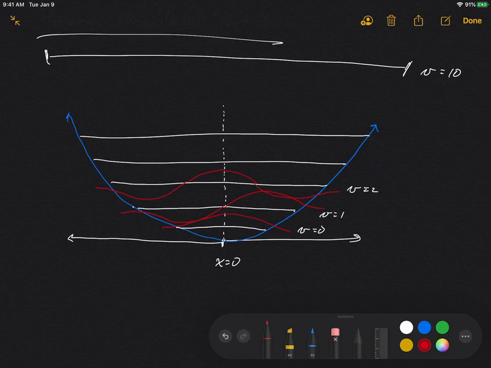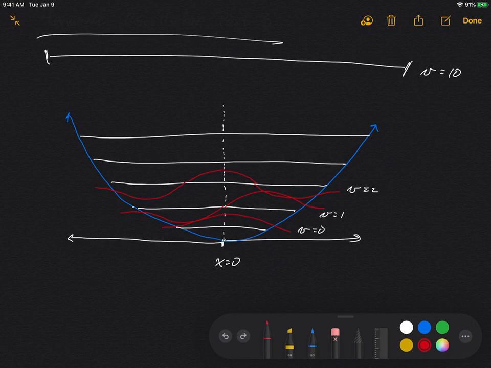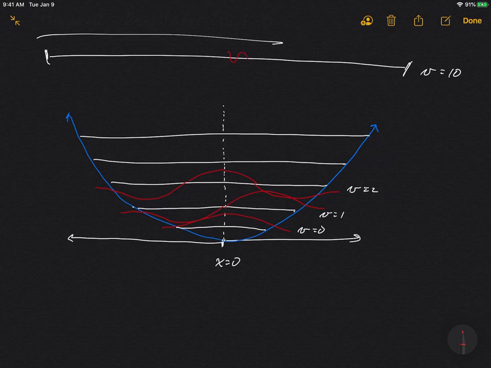So there's going to be a lot of oscillations and not much probability density in the middle, and a fair number of oscillations. And then the wavelength gets bigger as you get closer to the classical turning point.